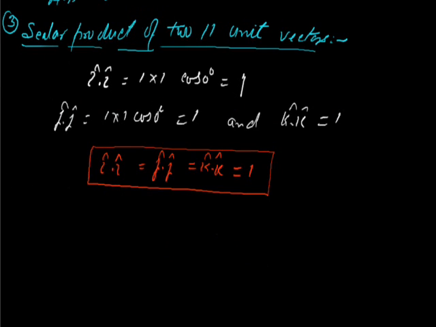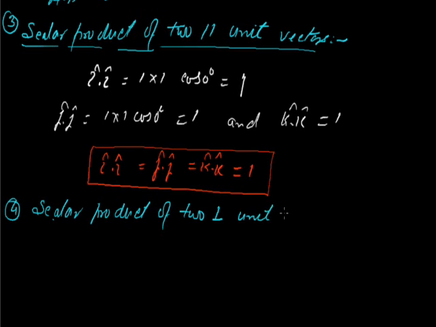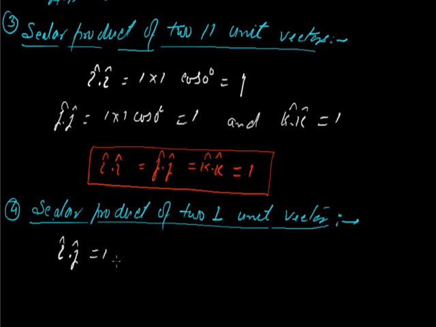Now the fourth point is scalar product of two perpendicular unit vectors. i, j, k are mutually perpendicular. Means we have to find the product of i and j, j and k, k and i. I dot j will be 1 into 1, magnitude of i cap is 1 and j cap is also 1.